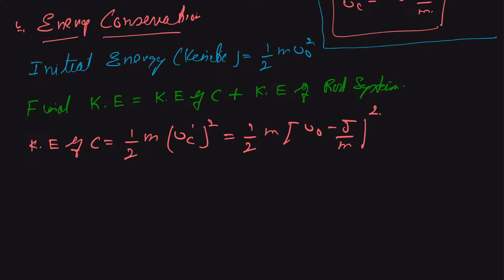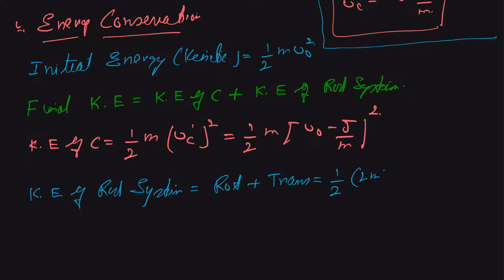And now we come to the kinetic energy of the rod system. That will be translational plus rotational, and we get this as half times 2m Vcm square plus half I omega square.